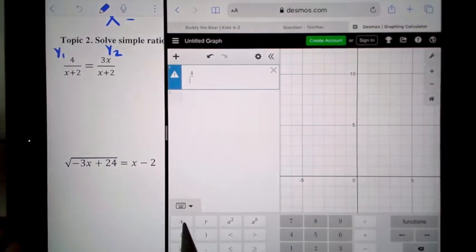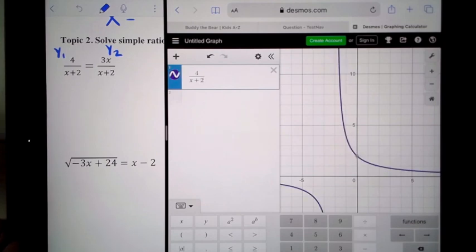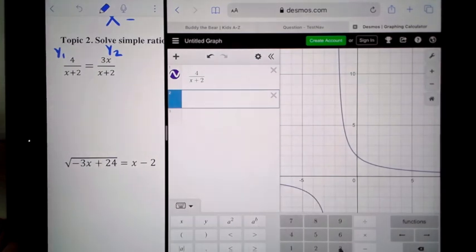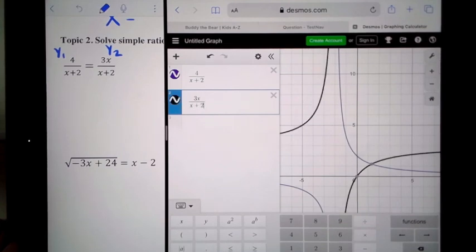So 4 over x plus 2, right? And then my second one, y2, that's 3x over x plus 2. Like this.